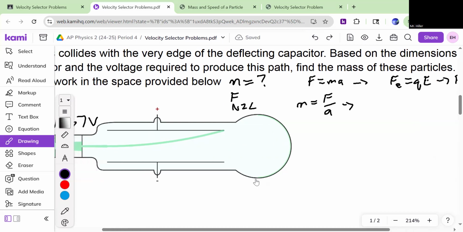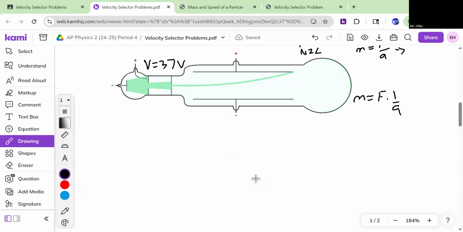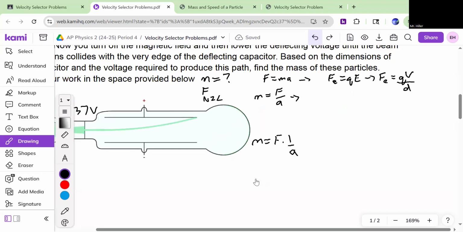Mass is equal to force times the inverse of acceleration. So I want to find the acceleration, then take its inverse and put it into this equation, and that'll help me find mass.